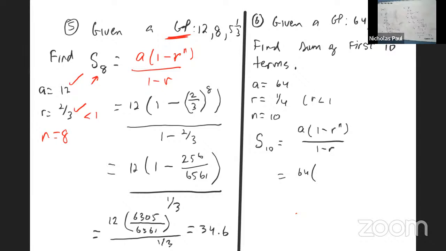Right, so work it out. How is n 10? Because they asked for the sum of the first 10 terms. That's how you know n is 10.